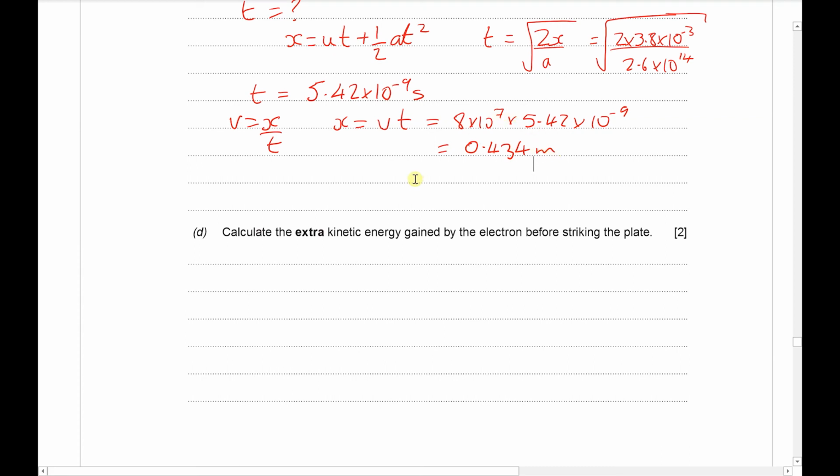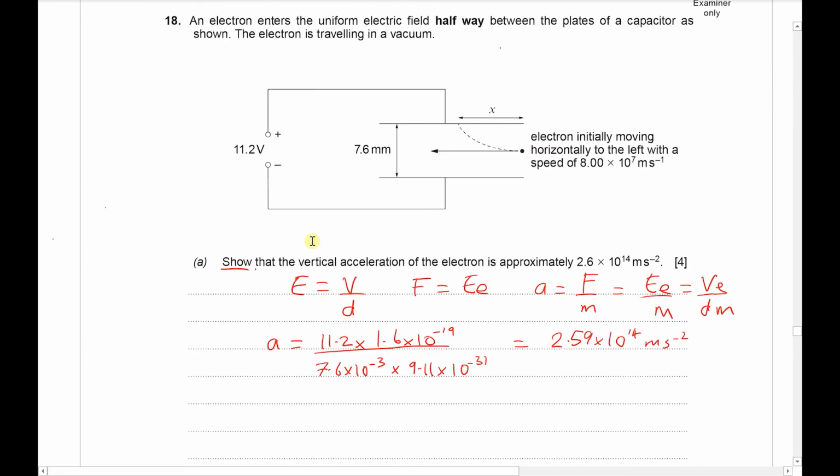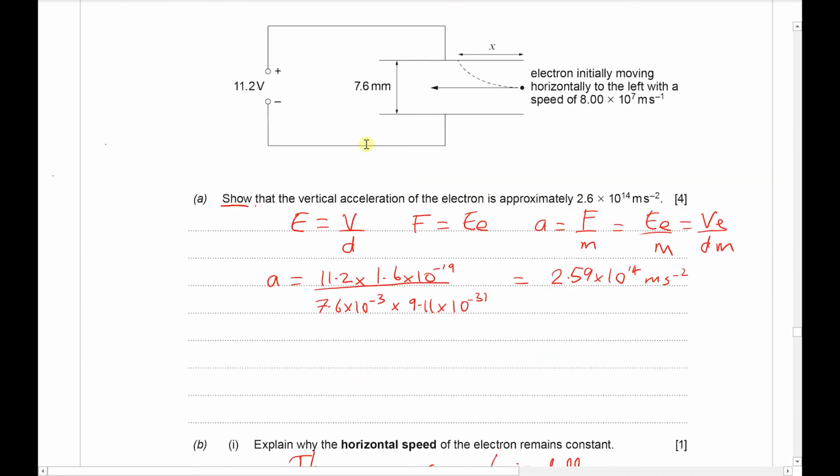The final part of the question asks us to calculate the extra kinetic energy gained by the electron before striking the plate. You can do this in long-winded ways. You can calculate the final vertical velocity of the electron and work out how much kinetic energy it's gained that way. But a very much quicker method is to realize that if the electron starts halfway between the plates, it's starting at a position where the potential is half of 11.2 volts, in other words 5.6 volts.